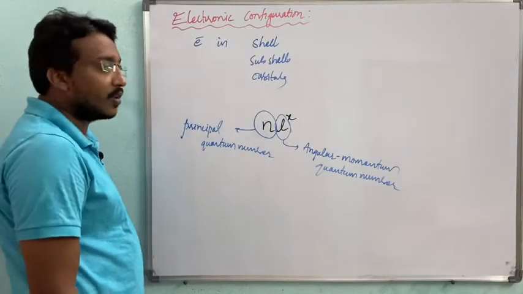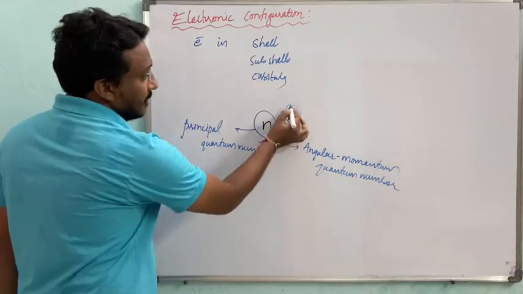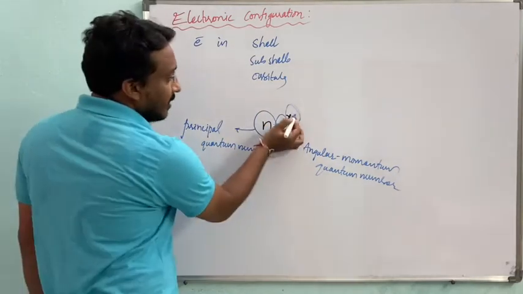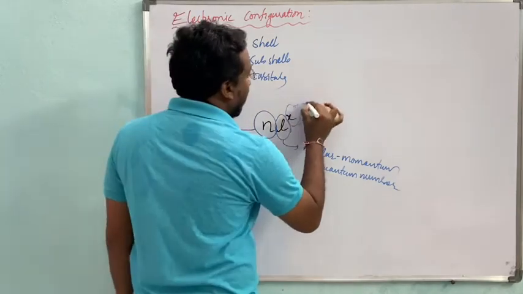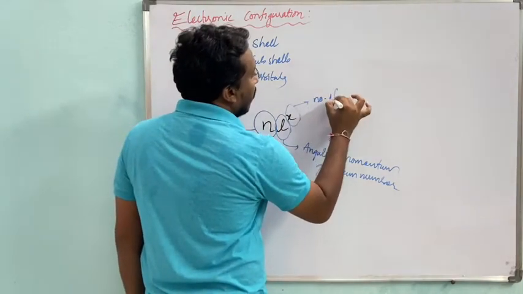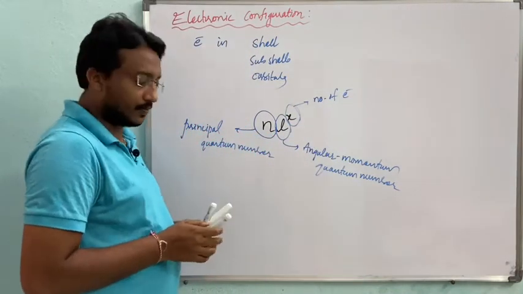Here x is written as a superscript to l. It shows the number of electrons. Got it?